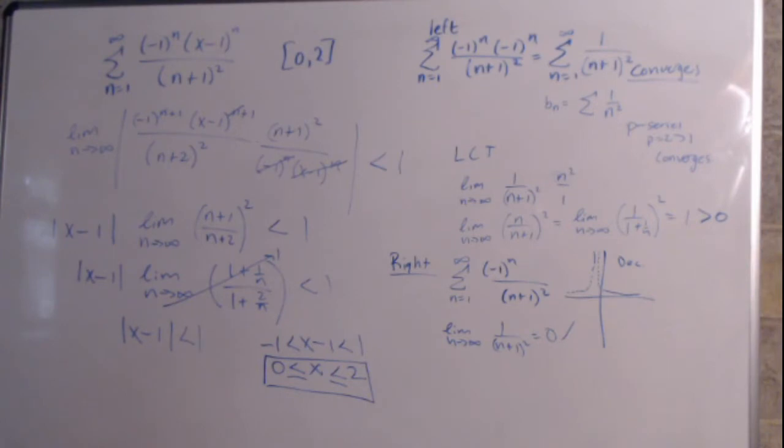That is not how it's done. You've got to plug in the endpoint, take the series that you now have, and decide what is the best way to test that series. So it all depends on what that series is.